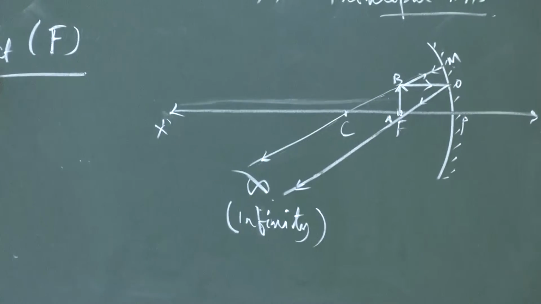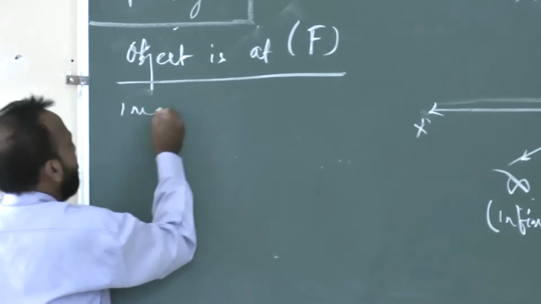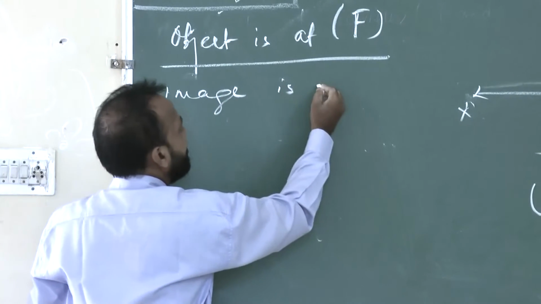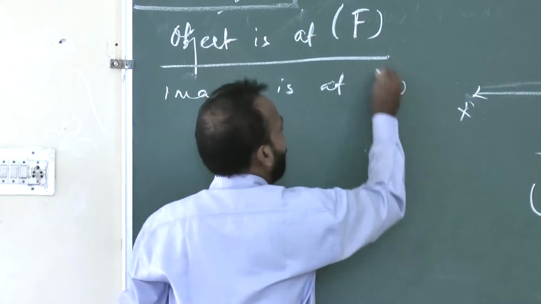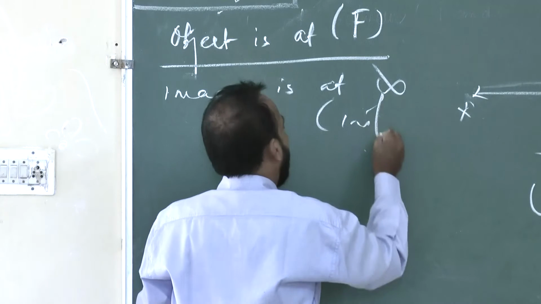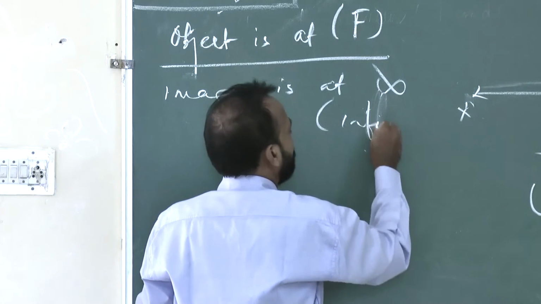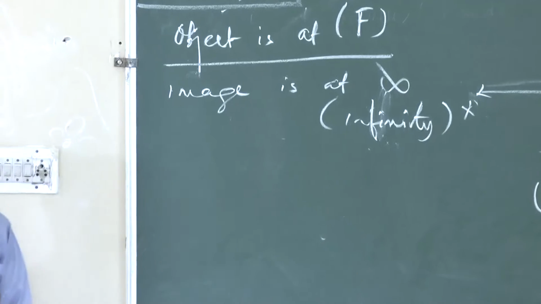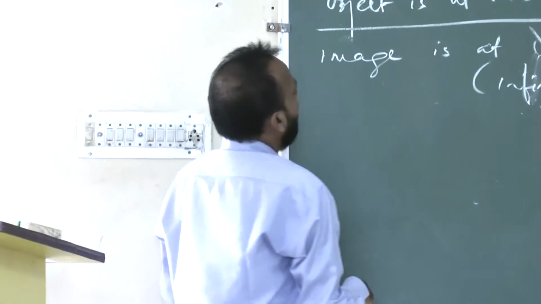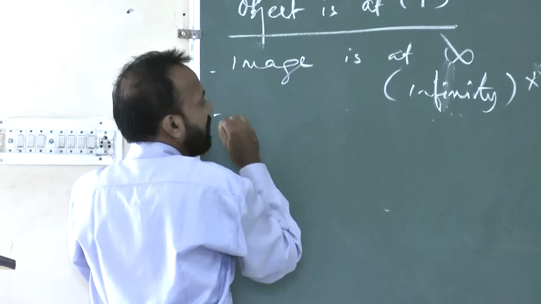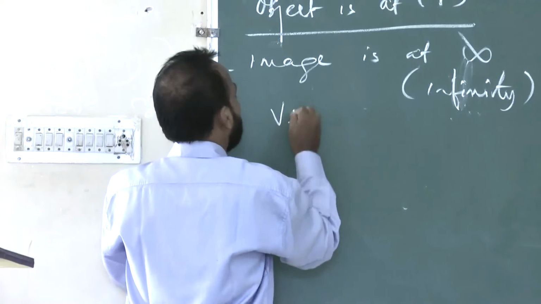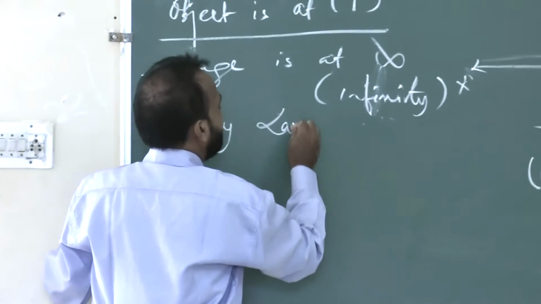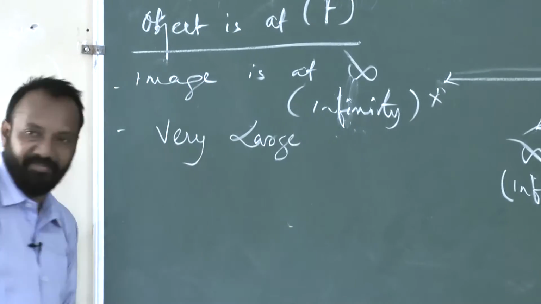So the object is at focus, and the image is at infinity. It will appear at infinity, a long distance, that means infinity. It is very, very large. Yes or no? It is very large, magnified.